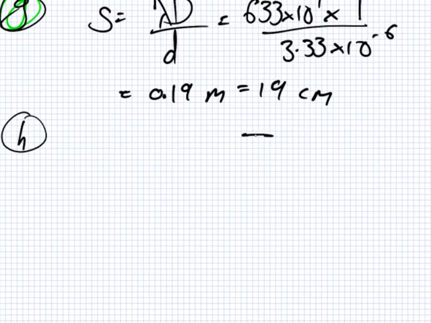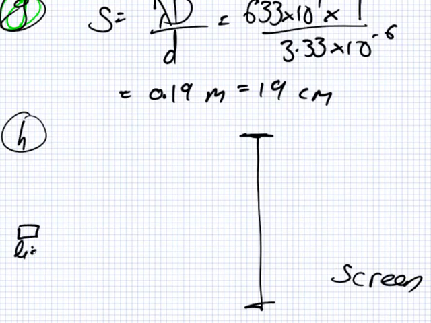So the last question is, how big does the screen need to be? Not as big as you might think, because we already know the biggest order for red. Now what's the biggest order for red? We worked it out earlier.